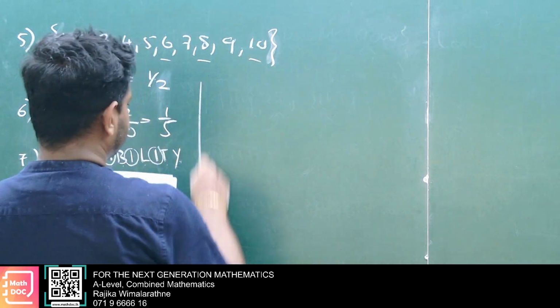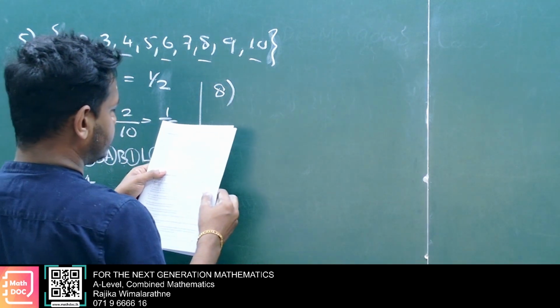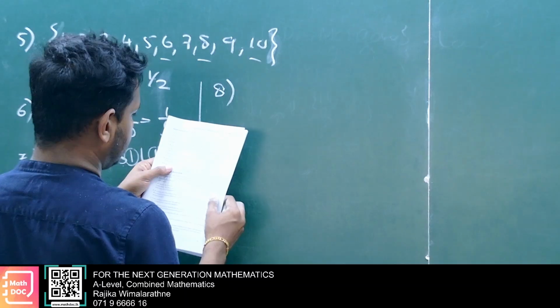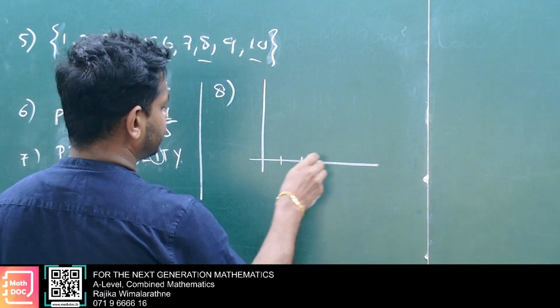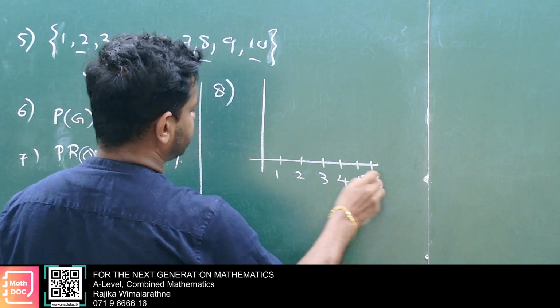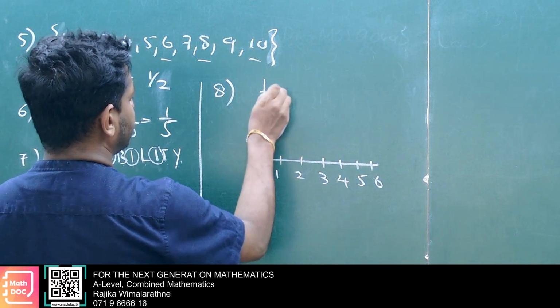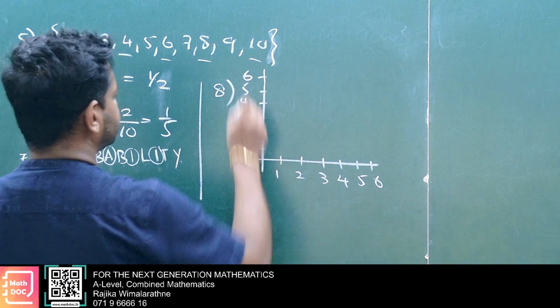Question number 8. A die is rolled twice. What is the probability of getting 6 on the first roll and an even number on the second? Write the sample space 1, 2, 3, 4, 5, 6 and so on.